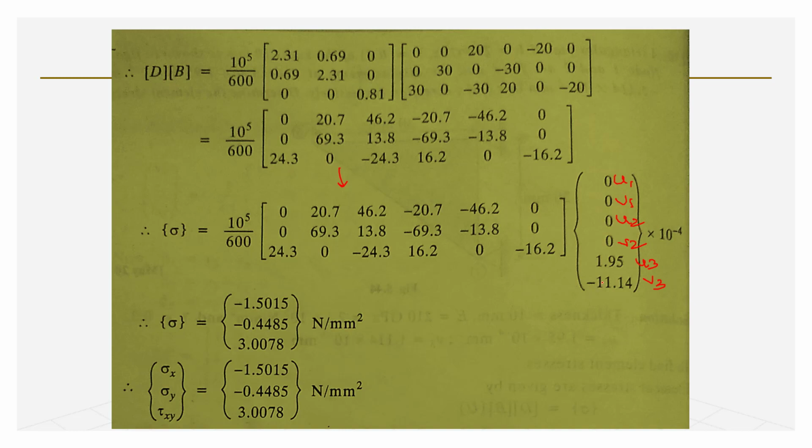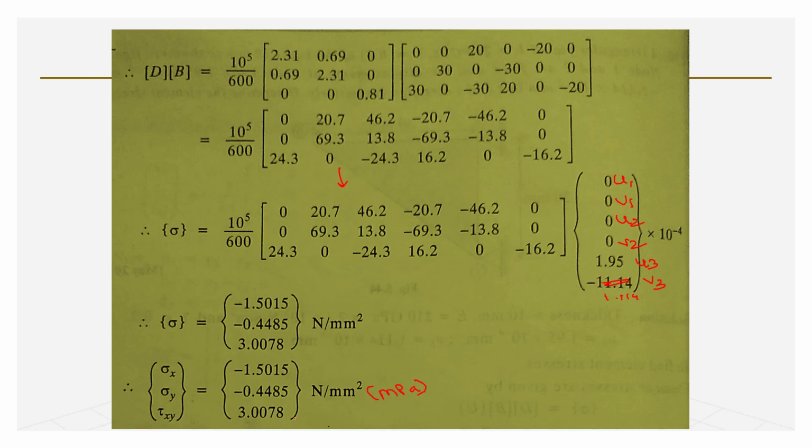Here there is a typo, it's not 11.14, it's 1.114. If we solve this, we'll get the stress value in x direction as 1.5 megapascal, right? Sigma y will be 0.4485, that is 0.45, and tau xy is 3 megapascal.